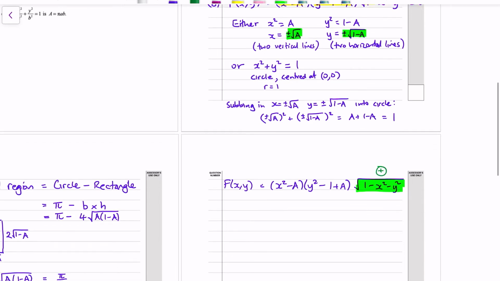So for it to be positive, we'd need both of these factors to be positive, or both of these factors to be negative. And then if we want it to be negative, they need to be alternating.